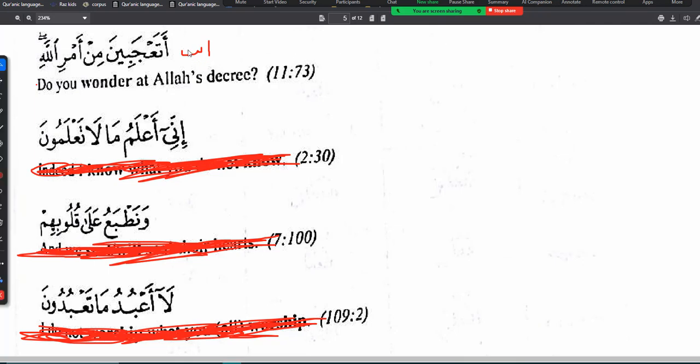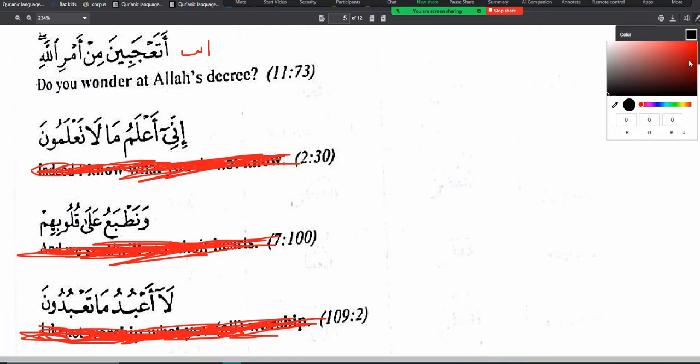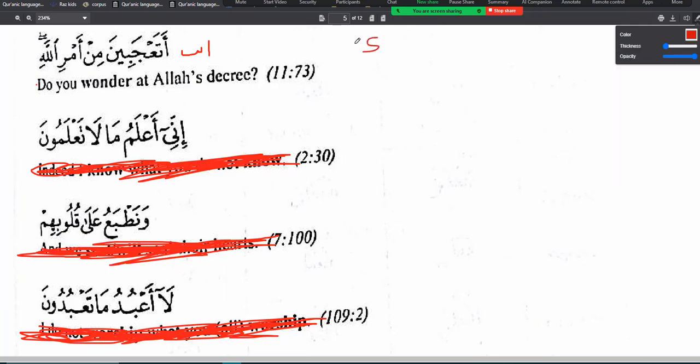And the past tense is ajaba, right, sister? Yes, ajaba ya'jabu. Ajab is to wonder. He wonders or he will wonder, right? So ta'jabina, what is this?